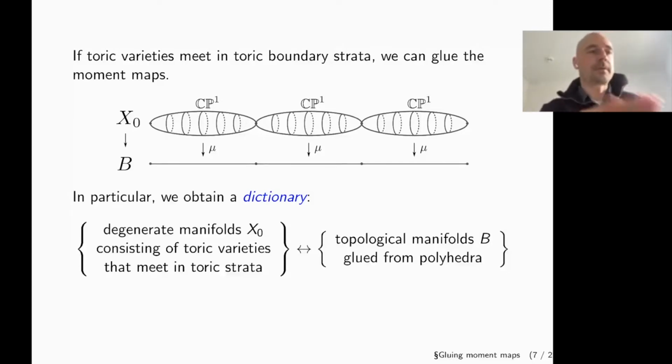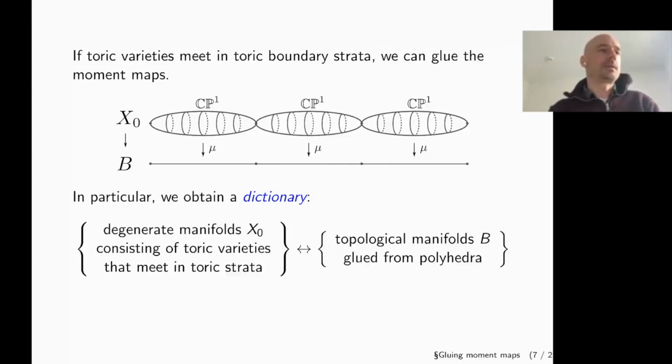You know, to be a topological manifold, it has to satisfy that along each stratum only 2 come together. So if I glue 3 CP1s along a point, that's not permitted. But as long as I glue only 2 at the boundary stratum, then you get a topological manifold from this, basically glued properly. So we have this dictionary.